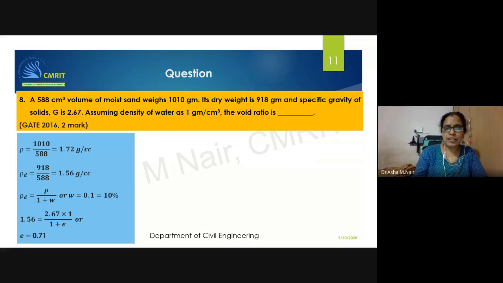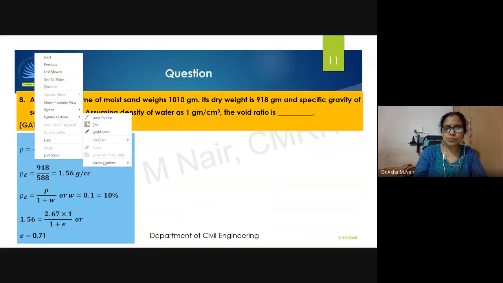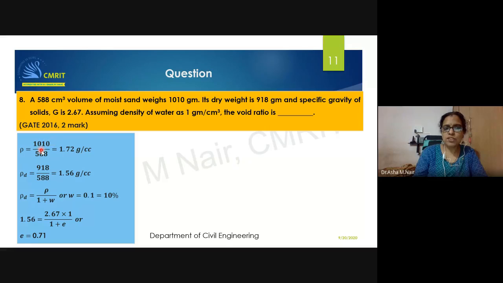So you can say that rho is equal to 1010 by 588, which is 1.72. Rho d is equal to 1.56. Now you know that rho d is equal to rho by (1 plus w), and you can get the value for w as, what will be the value for w? w is equal to 10 percentage. You can just check it. So if it is going to be 10 percentage, so it will be 1.72 divided by 1.56 minus 1.